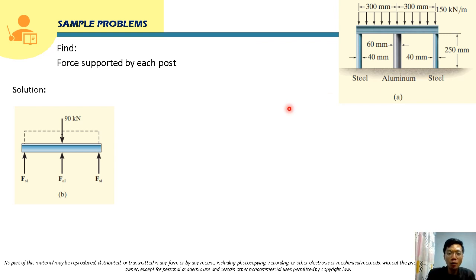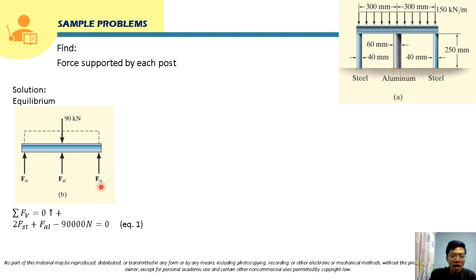Drawing the free body diagram here, for its equilibrium equation, we can sum the vertical forces equal to 0, positive for upward forces. These are identical steels, so this will be F_ST plus F_ST, that is 2 F_ST, plus F_AL minus the applied load. The applied load here is 150 kilonewton per meter.